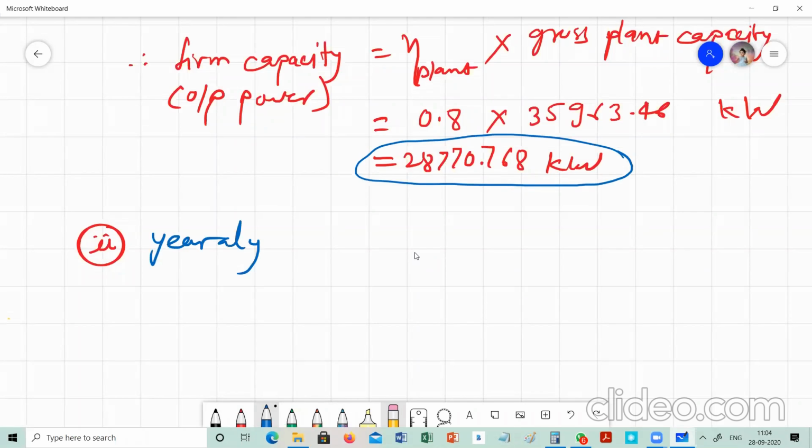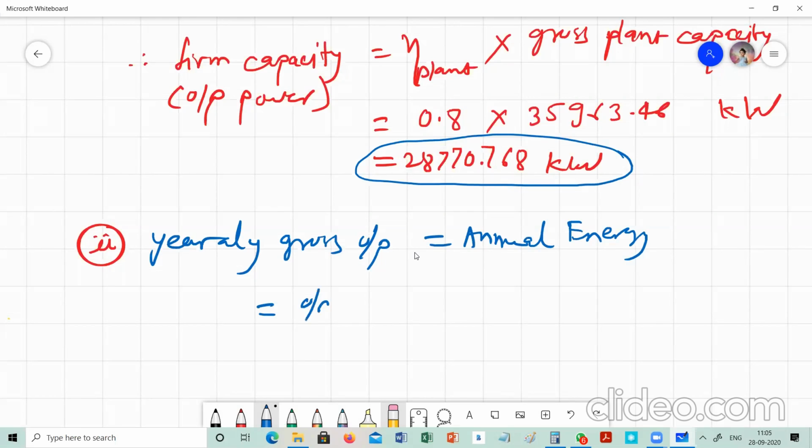Yearly gross output is equal to annual energy, which is obviously output power into number of hours in a year. Power into time is nothing but energy.